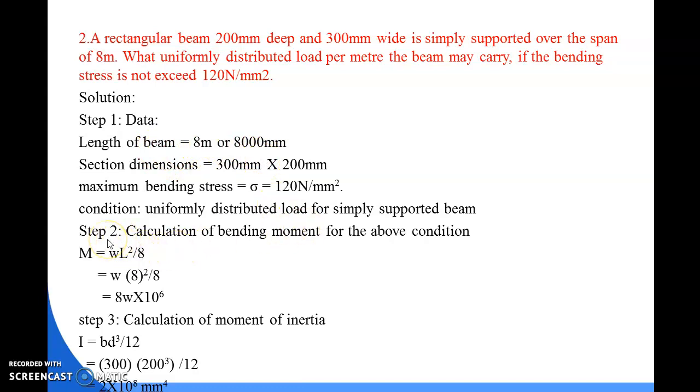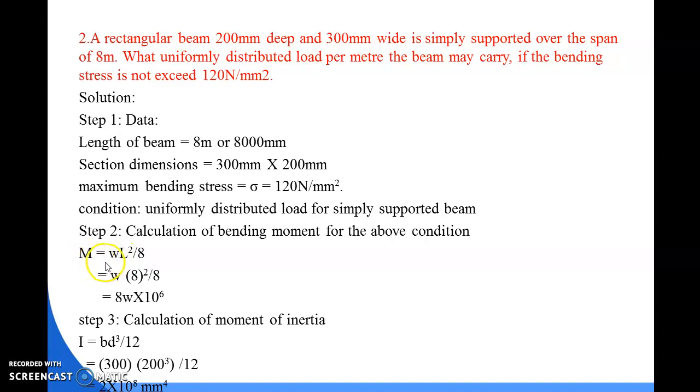Next is step 2, in which we have to calculate the maximum bending moment in case of a simply supported beam with UDL, because your load type is UDL, that is uniformly distributed load. Whenever the whole span of a simply supported beam is subjected to uniformly distributed load, the maximum bending moment will be WL square by 8.